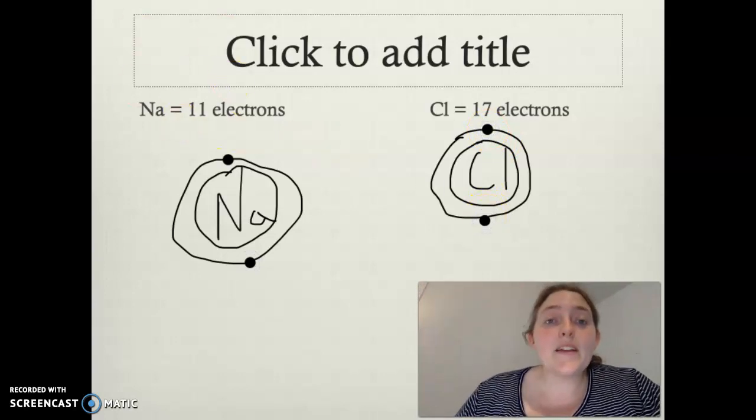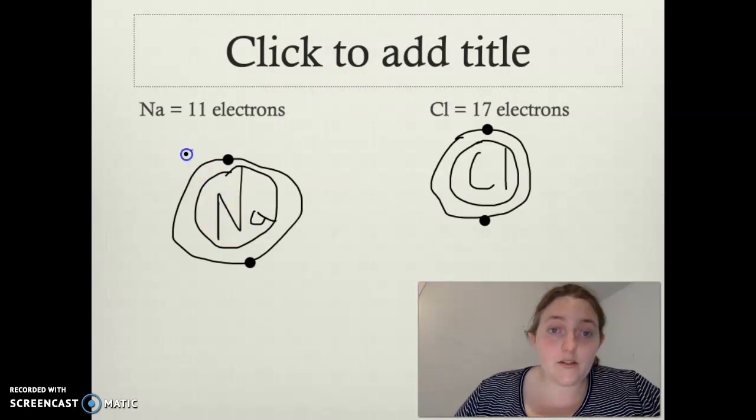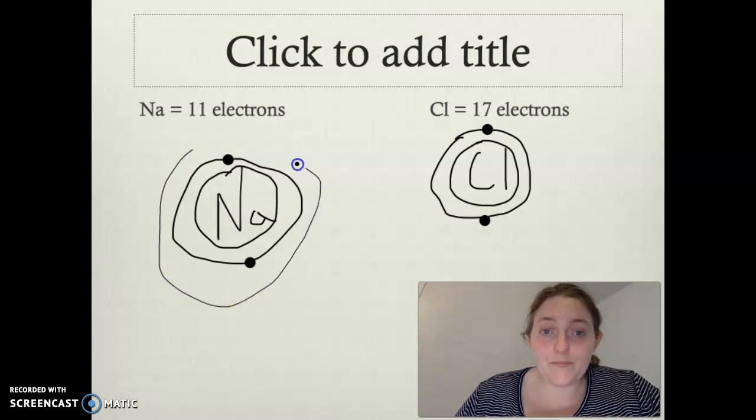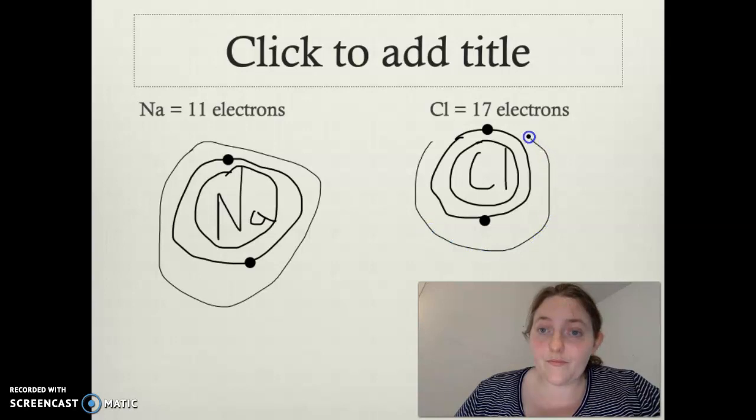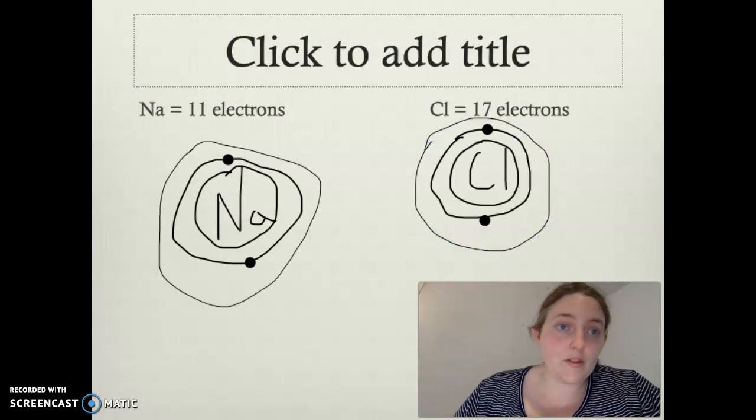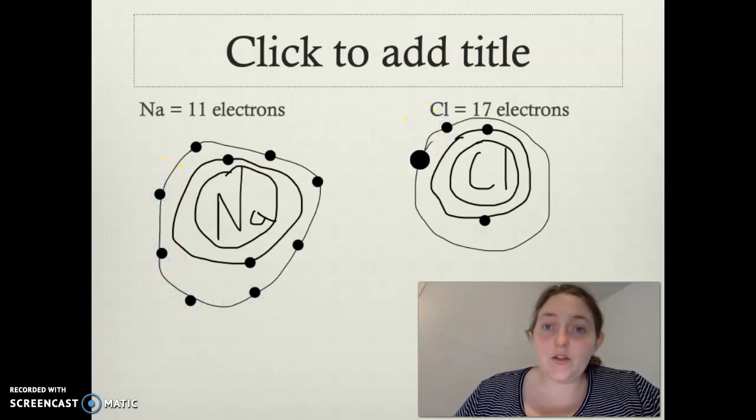Now, sodium has 11 and chlorine has 17. So I'm going to draw the second shells for both of them. And for both of them, it's full. So they have 8 in each. 1, 2, 3, 4, 5, 6, 7, 8.